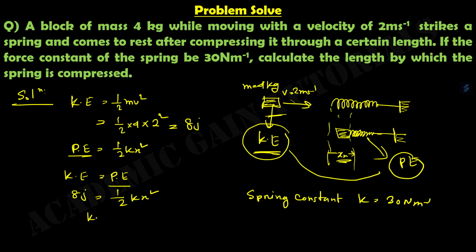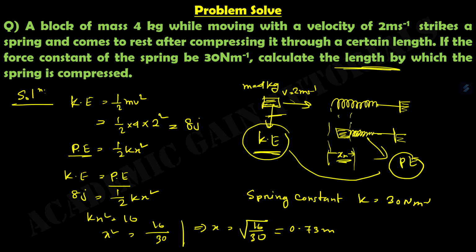From that we get k x squared equals 16, or x squared equals 16 by 30, or x equals root of 16 by 30. If I calculate this, I get 0.73 meters. So the spring is compressed by 0.73 meters. This is the solution of our second question.